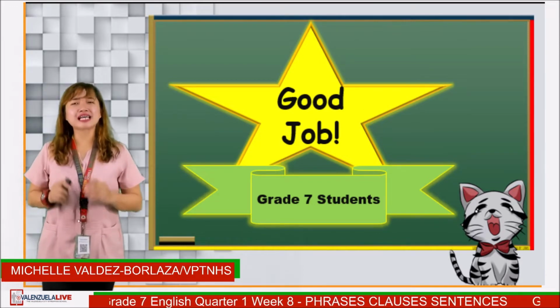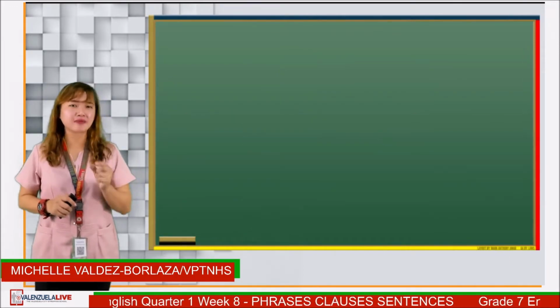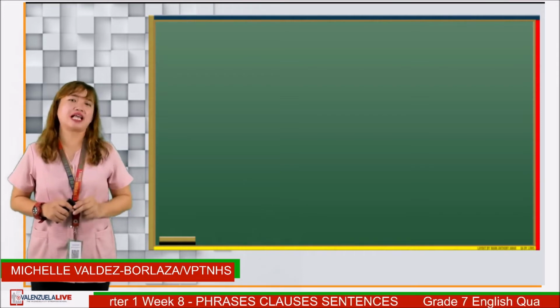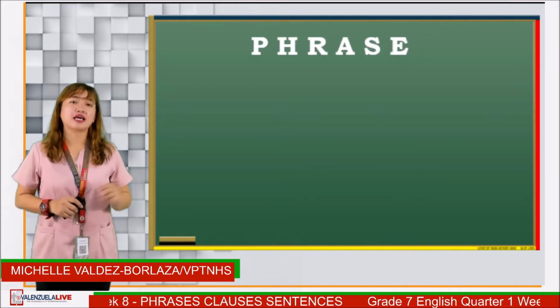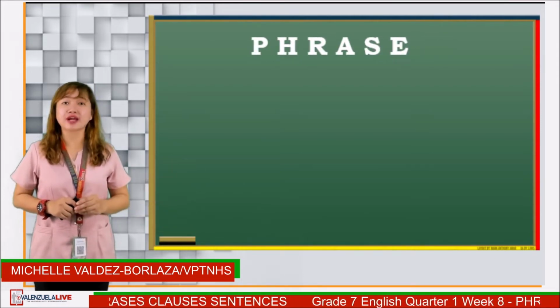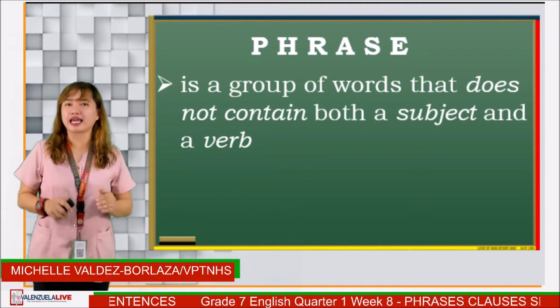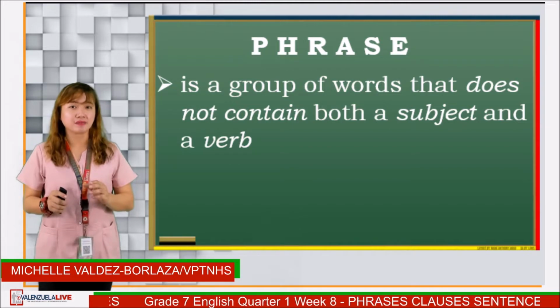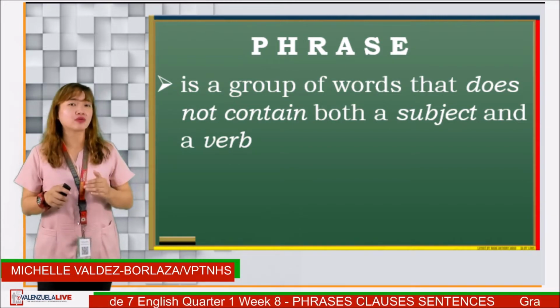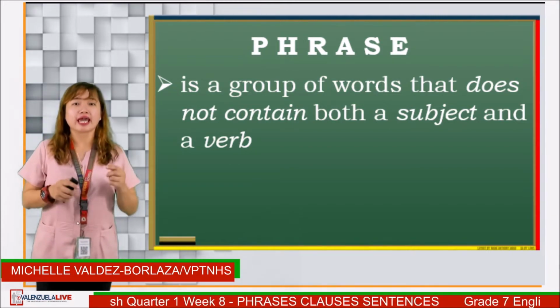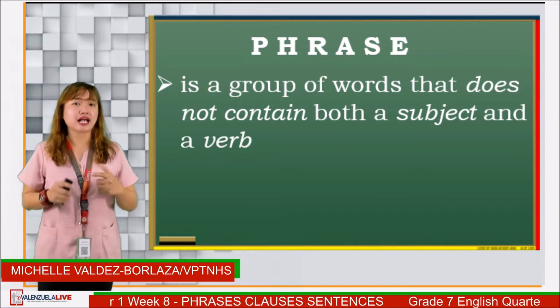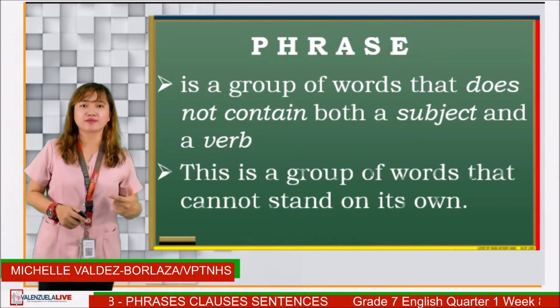Now, let's have a recap of the key points in your first 2 challenges. To begin with, a phrase is a group of words that does not contain both a subject, meaning a noun or a pronoun that performs the action, and a verb that tells what is the action.